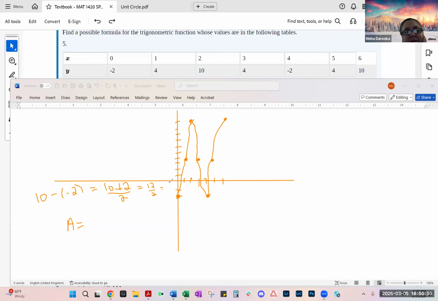So 12 divided by 2 gives you 6. So that's your amplitude of 6. What's our midline over here, guys? Yeah, midline is at 4 because remember, we keep coming back to that 4 as we go between our highest and lowest values, right?